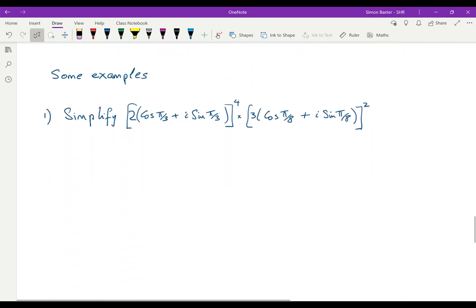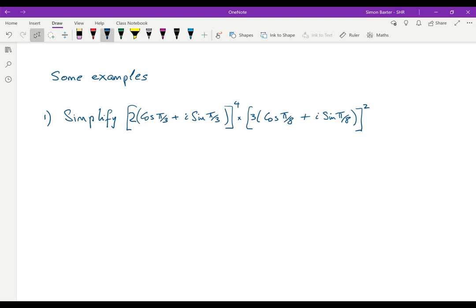Let's look at this example. If I want to work that out, looking at the two expressions there, I can use de Moivre's theorem straight away. I get 2 to the power 4 cos 4 times pi by 3 plus i sine 4 pi by 3.